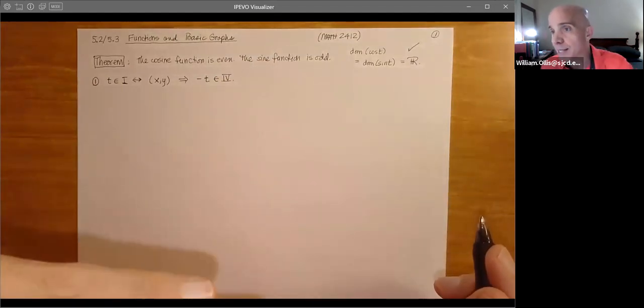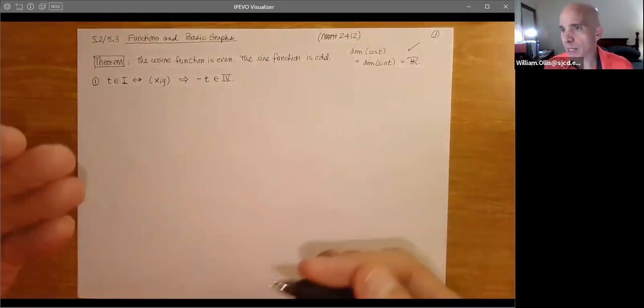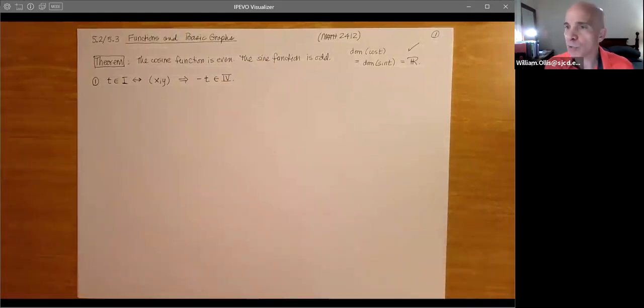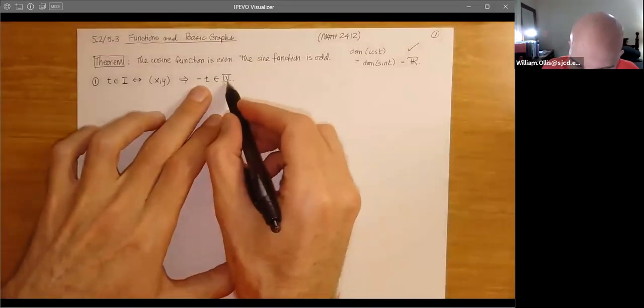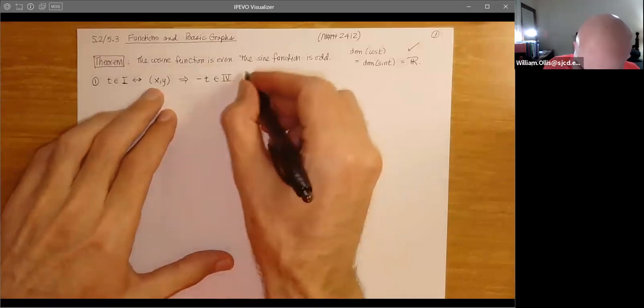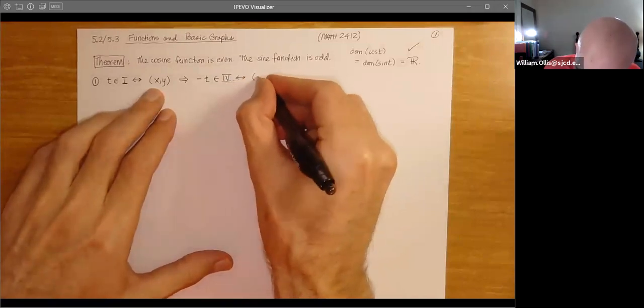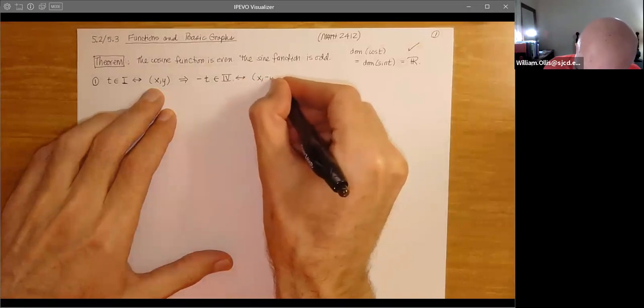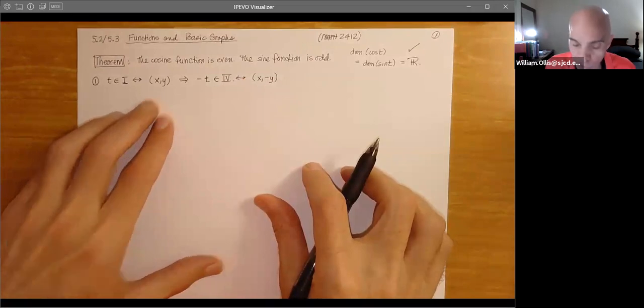Remember, we did pi over 6, we did pi over 4, and got pi over 3 for free. So these types of arguments, again, they're going to come up over and over again. So by the time we finish this, you'll be really, really good at this. So now, if we move into the fourth quadrant, notice the x stays the same, but the y becomes negative. Again, because we're moving into the fourth quadrant, just using the symmetry of the unit circle.